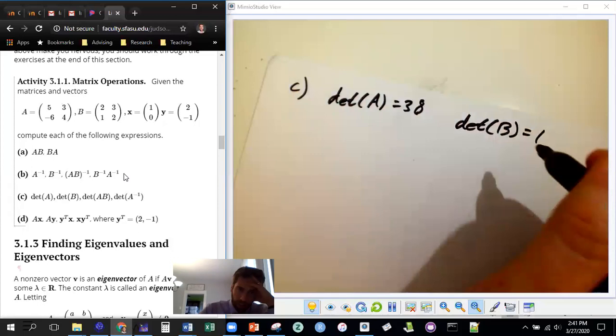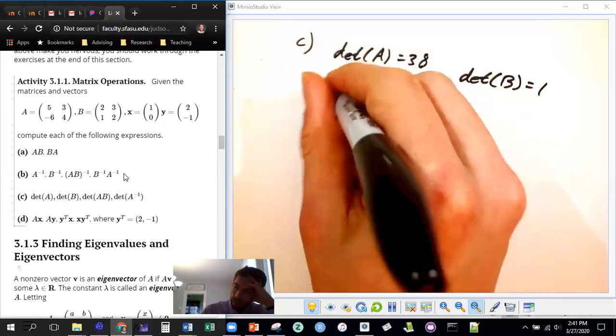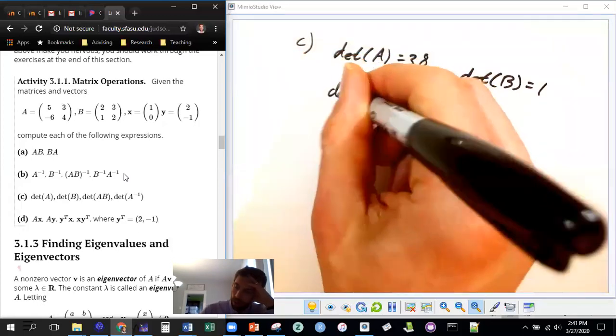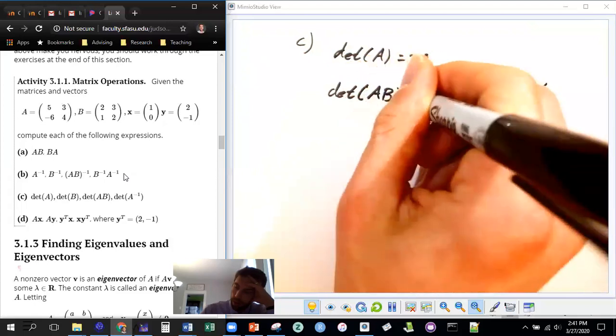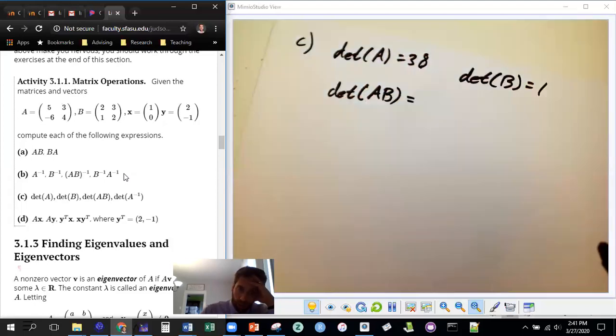And the determinant of AB is, well, let's find AB. 1 over 38 times that thing.